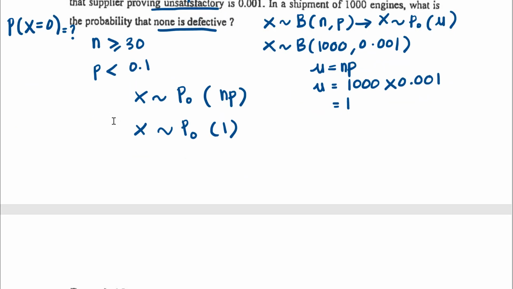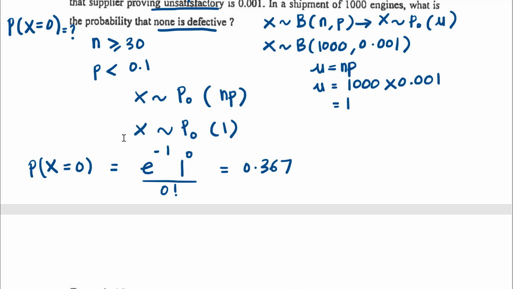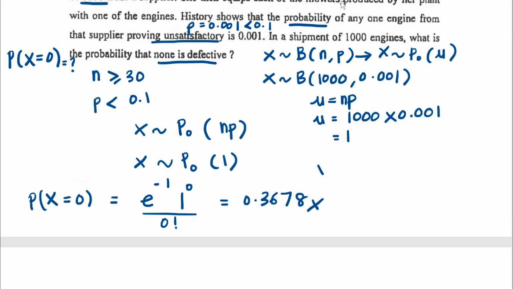By using this Poisson approximation, P(X = 0) is equal to e to the power negative mu, in which your mu is equal to 1, times mu to the power x, where x is 0, over 0 factorial. Then we get the answer, 0.3678. So this is the Poisson approximation.